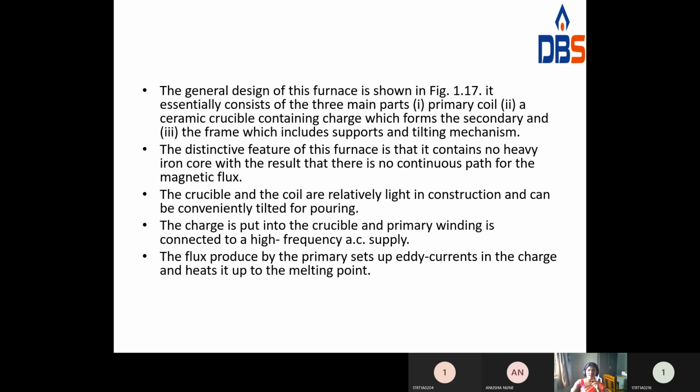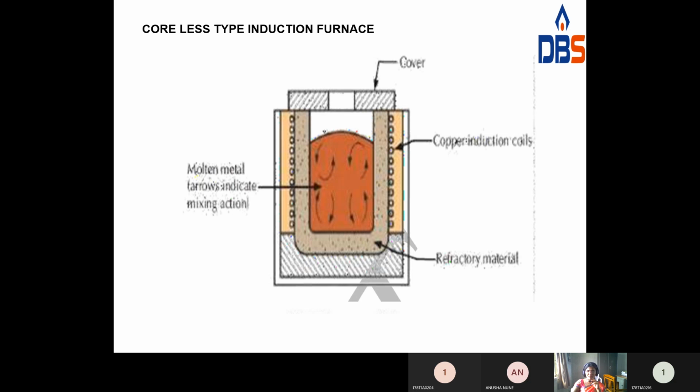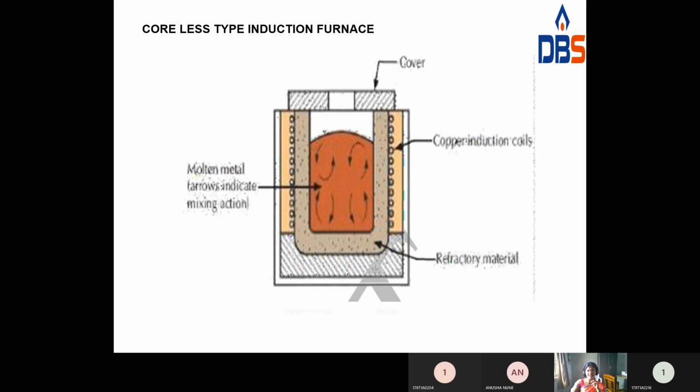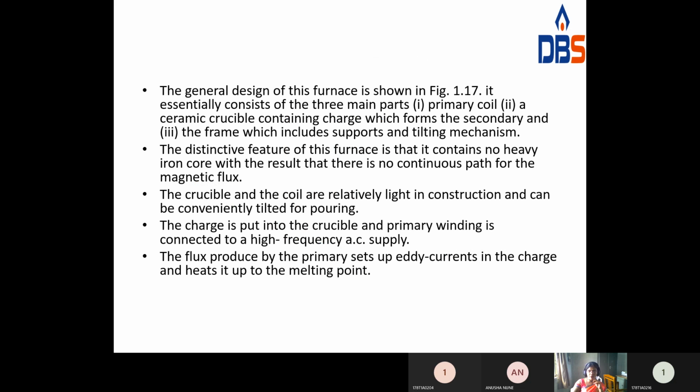This copper conduction coil acts as the primary, and the metal which is to be heated itself acts as the secondary. The third main part is the frame, which includes the support and tilting mechanism. You can see it is totally covered with a frame. These are the three main parts in the coreless type induction furnace.